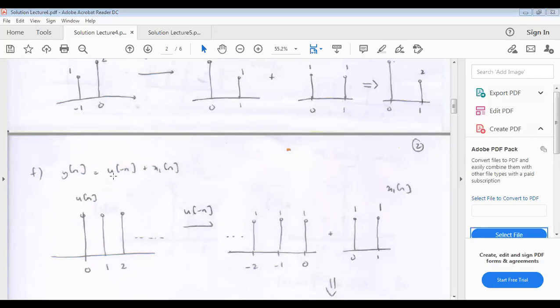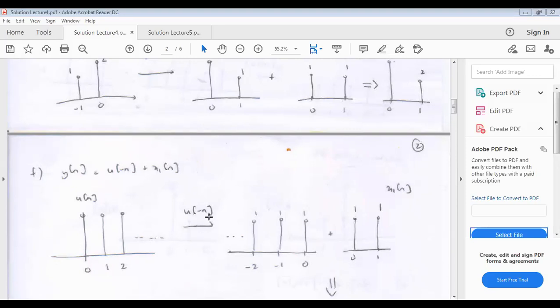Basically u[n], as what we have learned before, has a value of 1 for 0 onwards, but 0 for values of n less than 0. The dotted line here means that the value continuously exists until infinity.